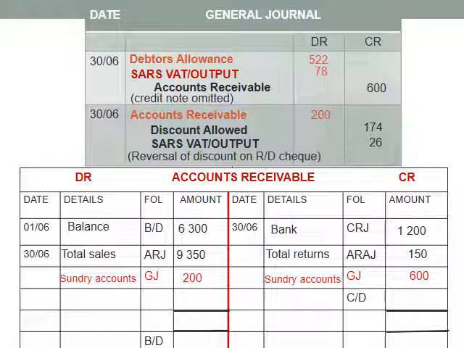When all entries have been recorded in the accounts receivable, we will then have to balance and close off the account by determining the closing balance, which will represent the opening balance for the following month. We will therefore balance it off by calculating the total for both sides using the highest value to balance off the accounts. In this case, the debit total is the highest value.